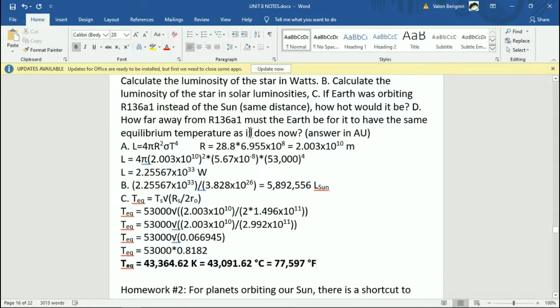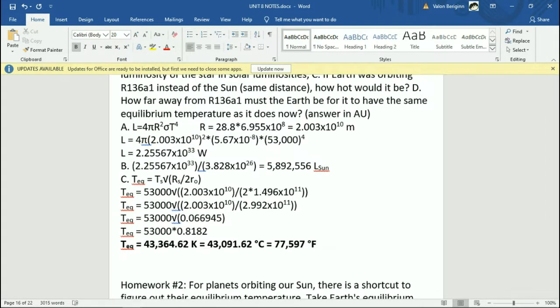That's right. So now D: how far away from the star must the Earth be to have the same equilibrium temperature as it does now? So the key for this, for D here, is it's the same formula as the last question.